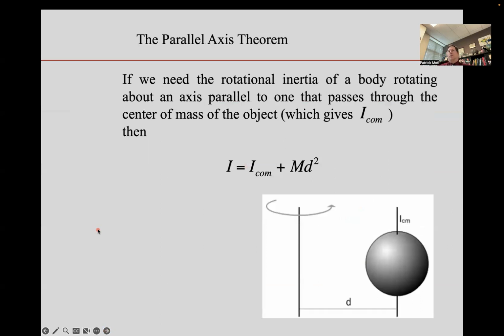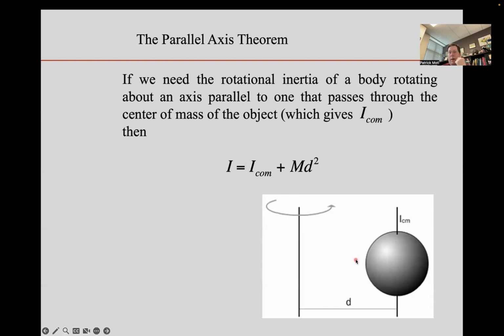And then to extend that table to other cases, we have a mathematical result, the parallel axis theorem. So if the rotation axis does not pass through the body, but is still parallel to an axis that you know the rotational inertia for that passes through the center of mass of the object, then we can use the parallel axis theorem.